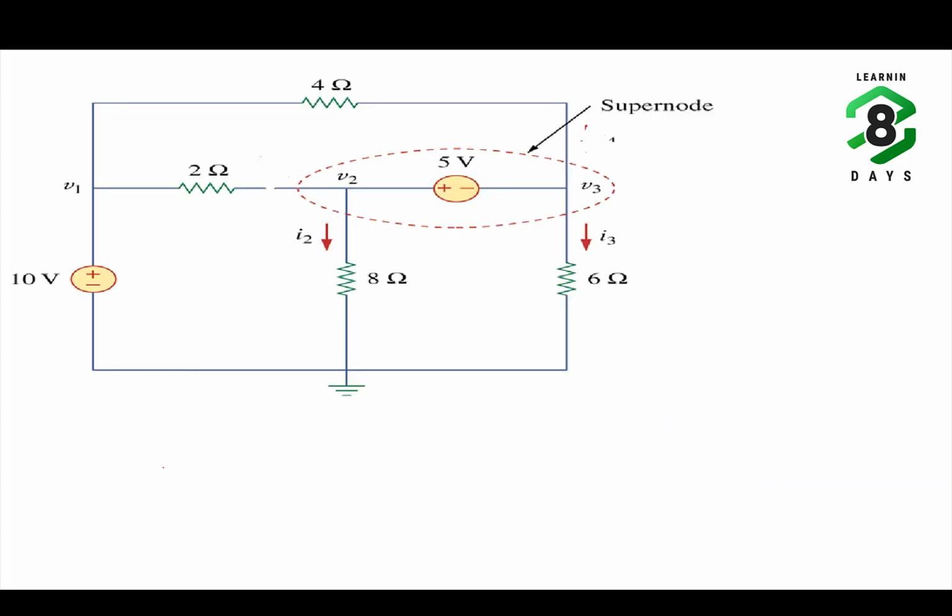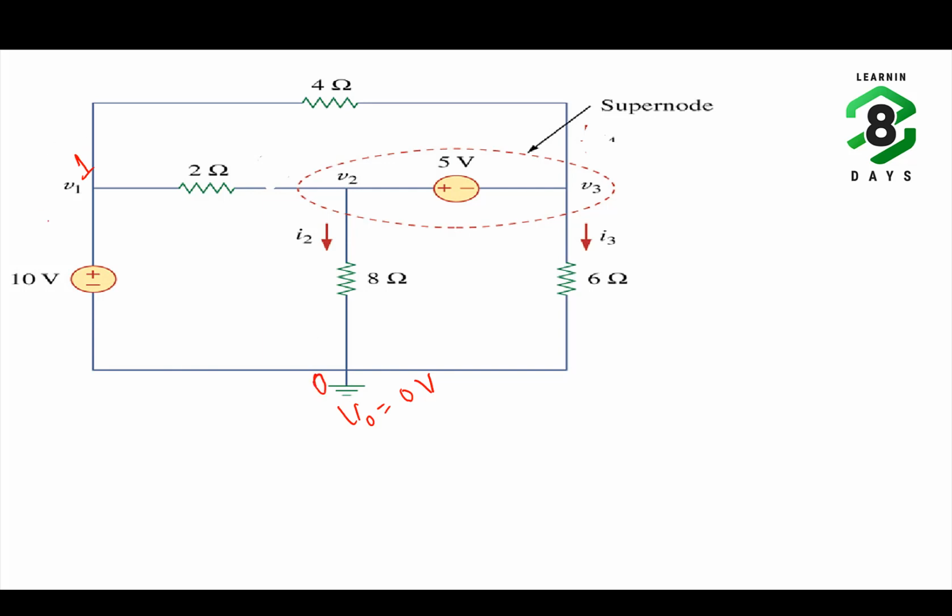Now you see in this example here, how many principal nodes are there at first? There are 4 principal nodes, out of which one is the reference node. This is V0 equals 0 volts. So already we know the reference voltage. And you can see here at node 1, a direct voltage source is connected between node 1 and node 0.